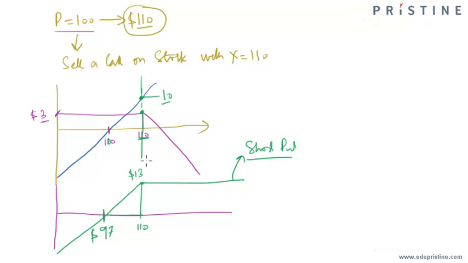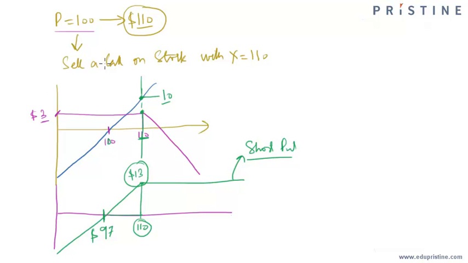Now the thing to note here is that you were expecting a 10% return, okay, and you were expecting that the price of the stock is not going to go beyond $110. So if it goes beyond $110 or stays at $110, you will earn a return of 13% instead of 10%, because you have earned $3 by selling the call.